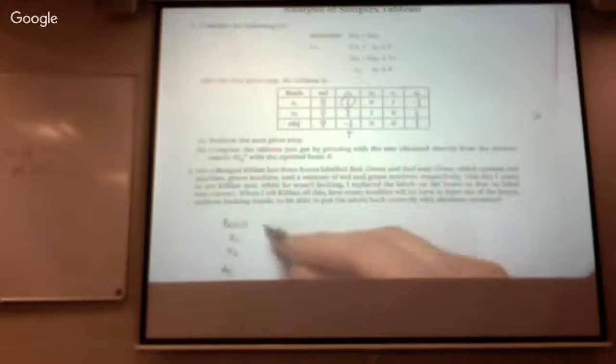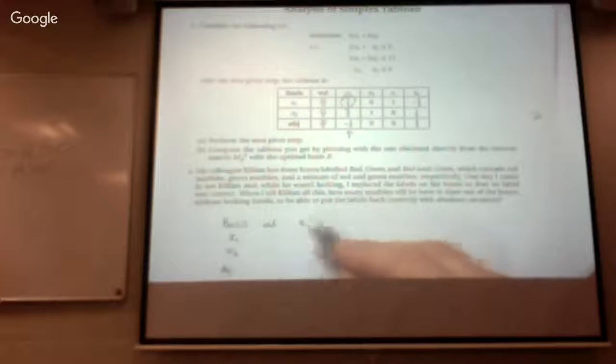So the tableau you get will have x1 and x2 in the basis. And you should get 2, 1, 0, 5 over 7, minus 1 over 7, by just multiplying by 5 over 7.